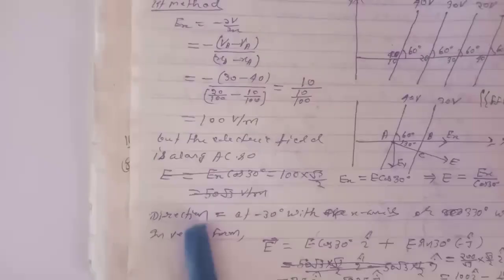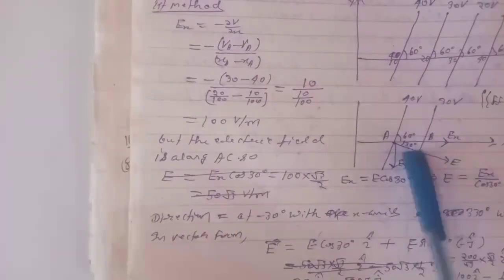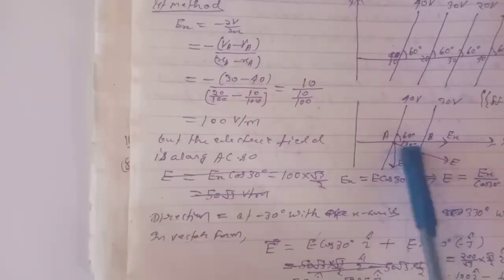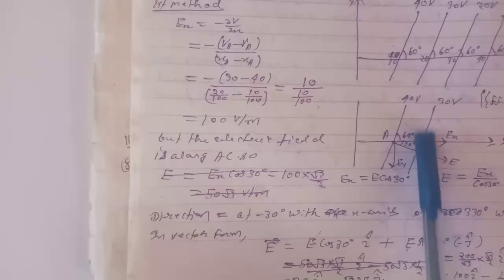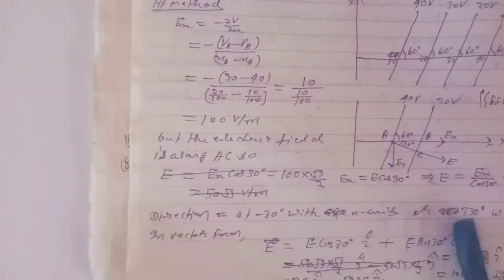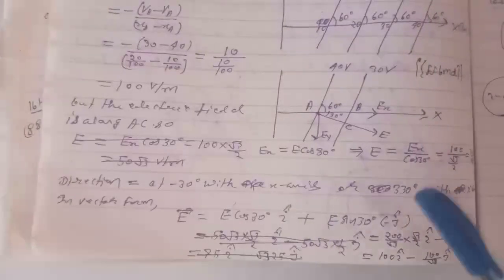The direction will be at minus 30 degrees with the x-axis. This is the direction, so we have to take it negative, and in the other direction it would be positive, or 330 degrees with the x-axis. Both directions may be asked.